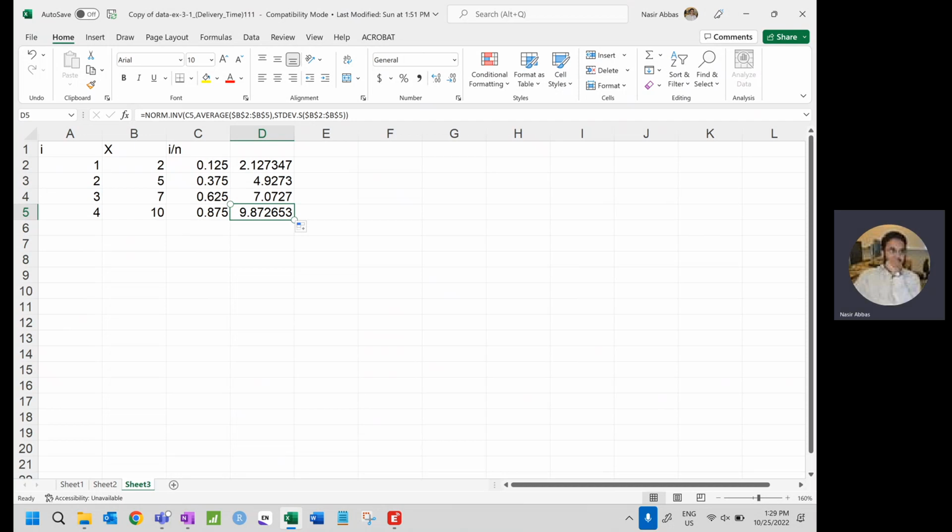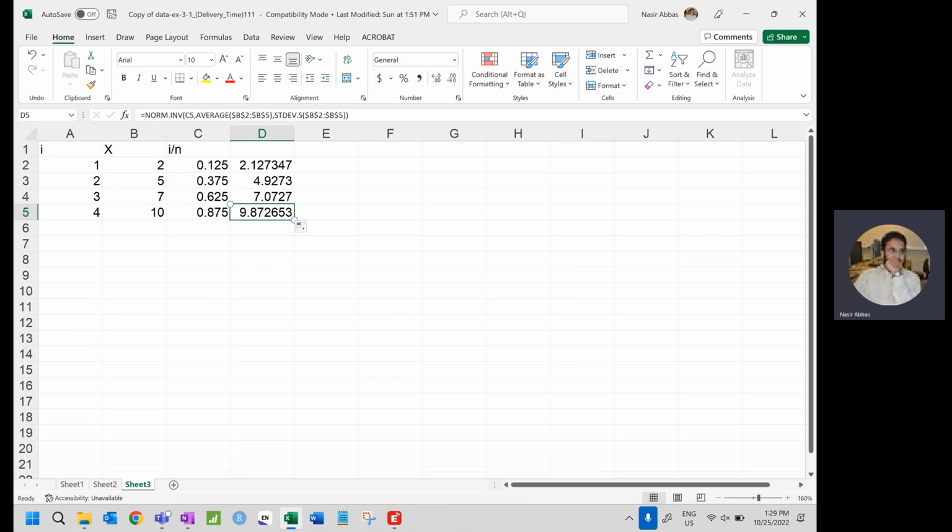Ideally, if the data was from a normal distribution, my first value should have been 2.127. Ideally, if my data was really from an exact normal distribution with mean 6 and standard deviation 3.37, my second value should have been 4.92. My third value should have been 7.07.